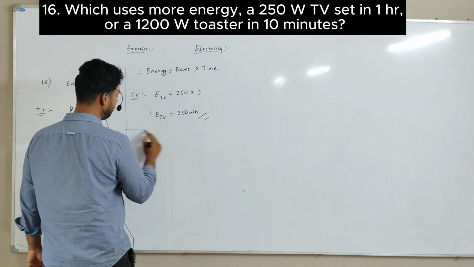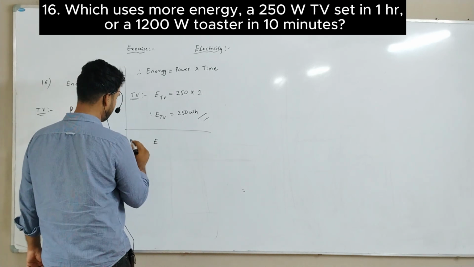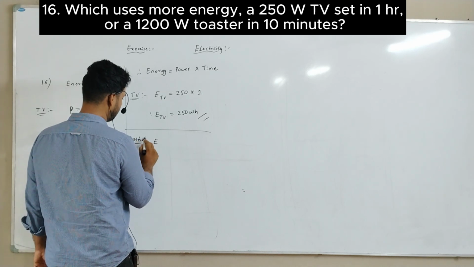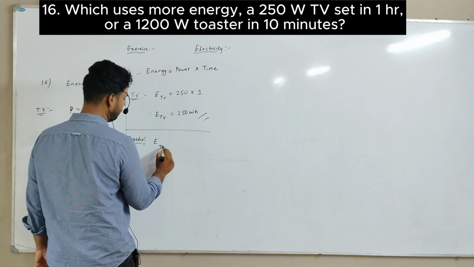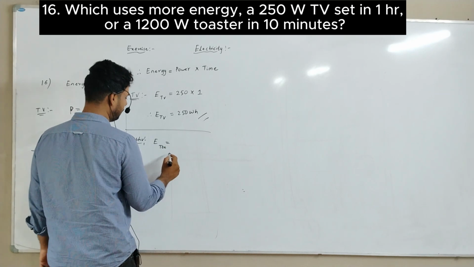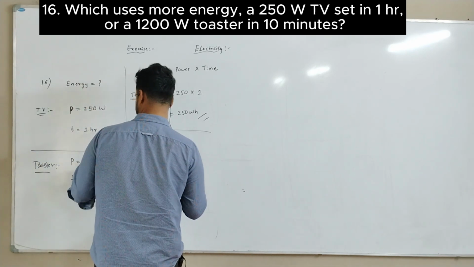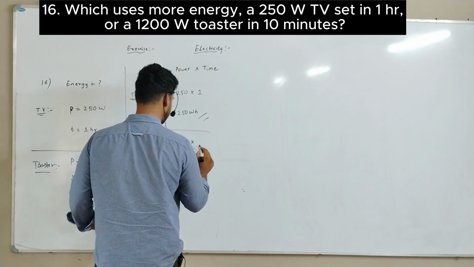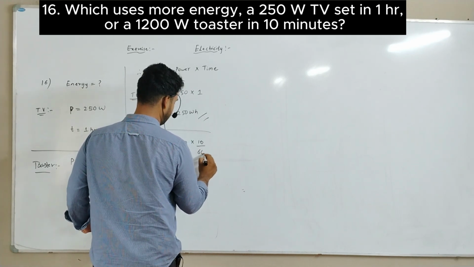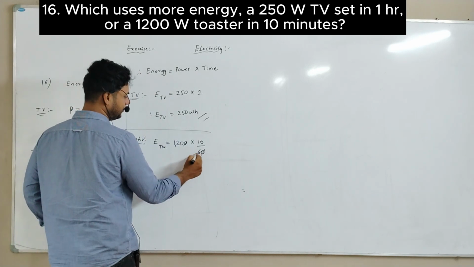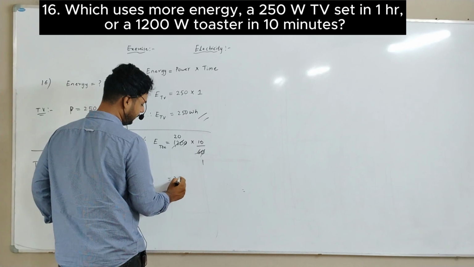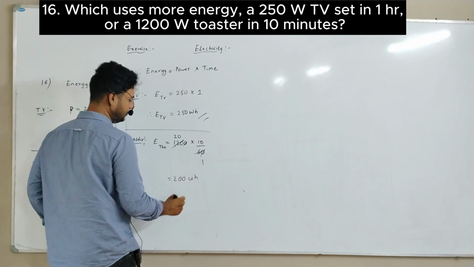Okay. Next, energy of toaster. Energy of toaster again: 1200 into 10 by 60. 6 ones are 6, 6 twos are 12, so 20. 20 into 10 is 200 watt hour.